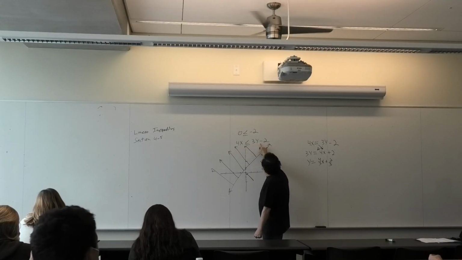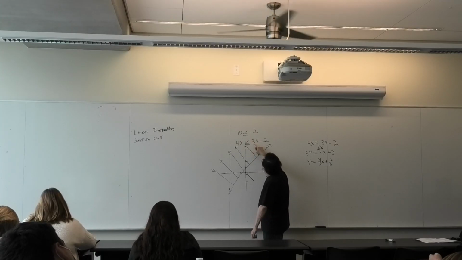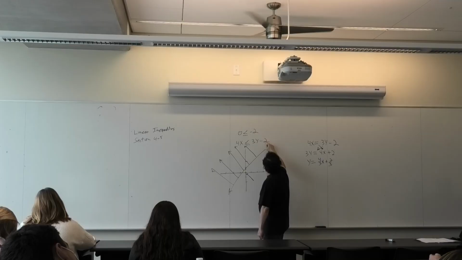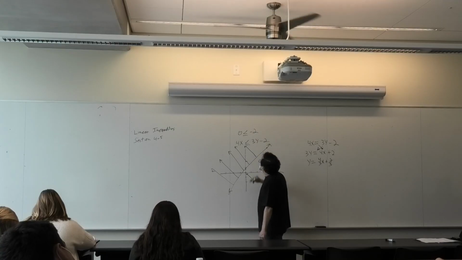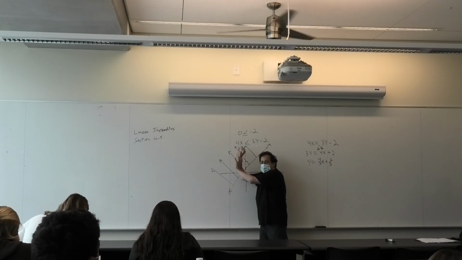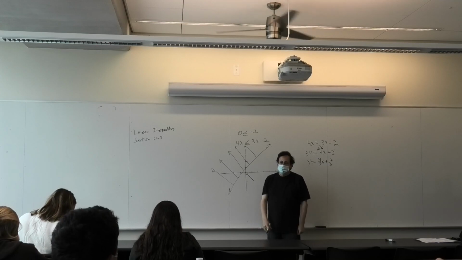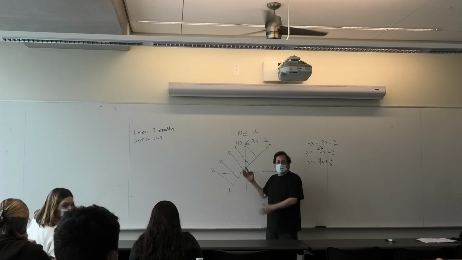I plug in 0. 4 times 0 is 0. 3 times 0 is 0, minus 2. So I get a statement, 0 less than or equal to minus 2. And that's not true. So you don't go down. It's the other stuff. You get that? Key, it's the whole key to this.